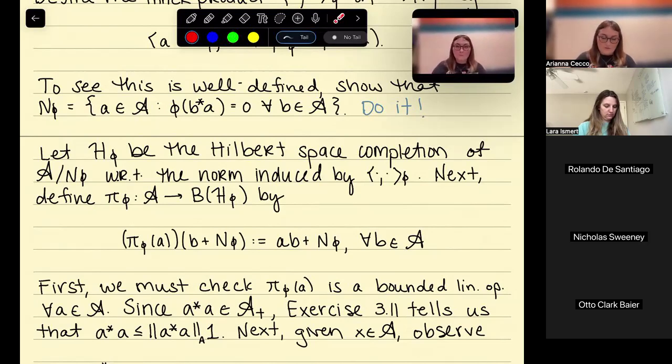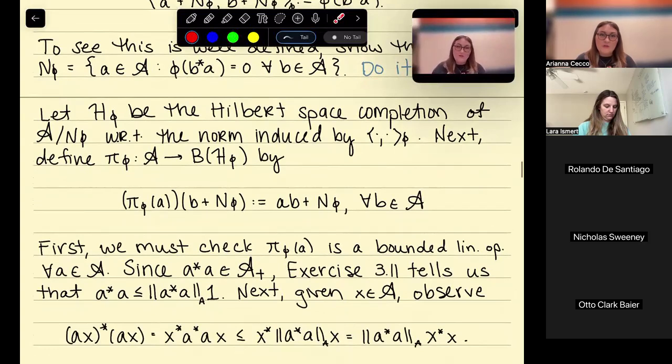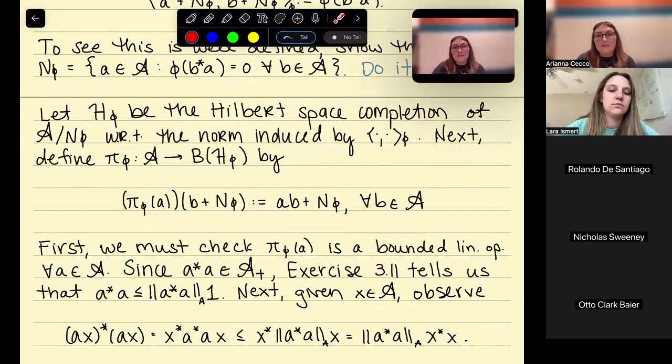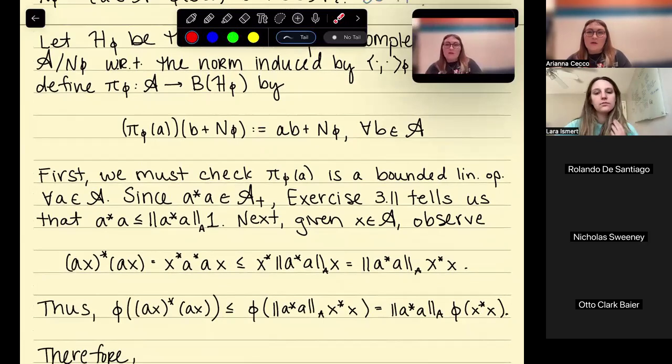The reason why it's enough to define it on elements in the quotient is because the way we defined it, the quotient is dense in it. So every element in H sub phi can be written as a limit of elements of the form like this. So that's why this is enough.